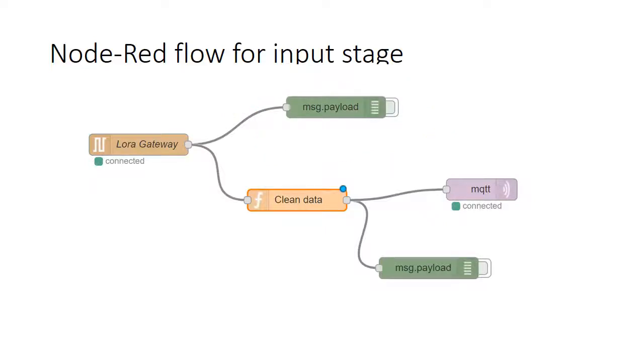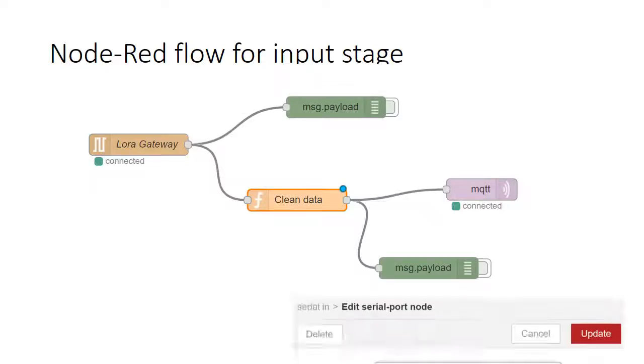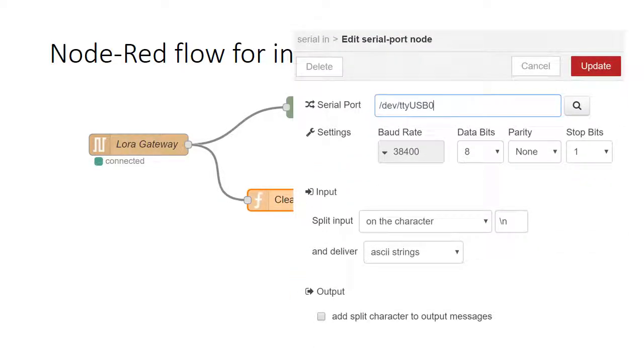Okay, there we are. So let's take a look at how we might configure the LoRa gateway module. Now really this is just a Node-RED serial interface module, and this is kind of what it looks like when we configure it. The first thing that we need to do is just to select the appropriate serial interface that's available to us.